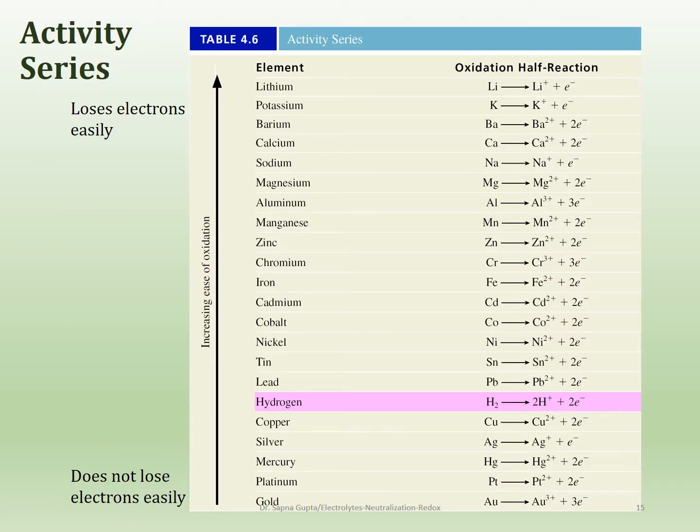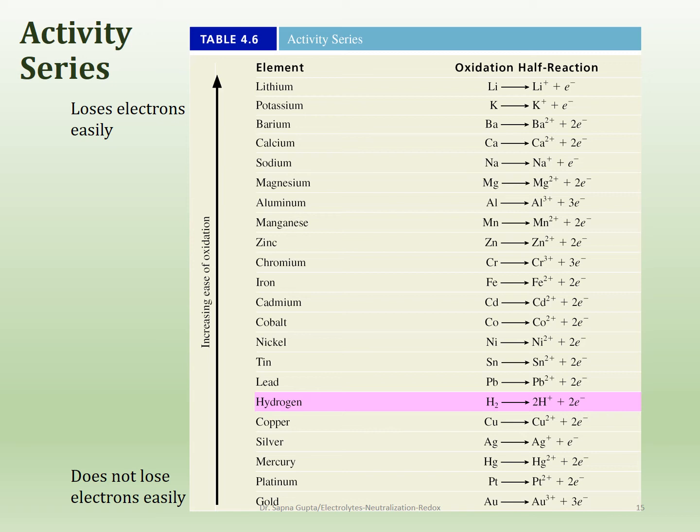This is an activity series, as we call it. We just did an example of zinc and copper, where copper was accepting electrons. And if you recall a little further back, I mentioned to you that non-metals gain electrons, which means metals always give electrons. So how is it that copper is actually able to gain an electron?